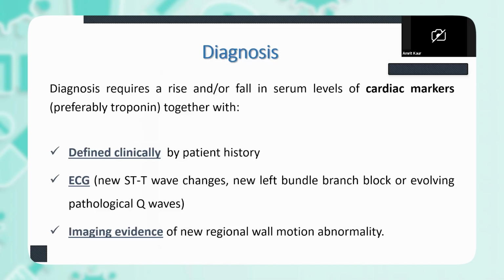If you have a cardiac marker that is high but remains constantly high, it tells you that this is a chronic problem rather than an acute problem or a new MI. So you have to see cardiac markers as a trend rather than one absolute value. Imaging evidence is not required to make the diagnosis, but it is a useful tool to detect a regional wall motion abnormality on your echo.